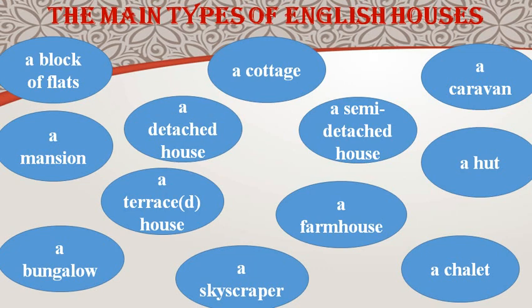Пишем слова: a block of flats, a mansion, a bungalow, a cottage, a detached house, a terraced house, a semi-detached house, a farmhouse, a skyscraper, a caravan, a hut, and a chalet. Now, in the following slides, we will speak about every one of these types.